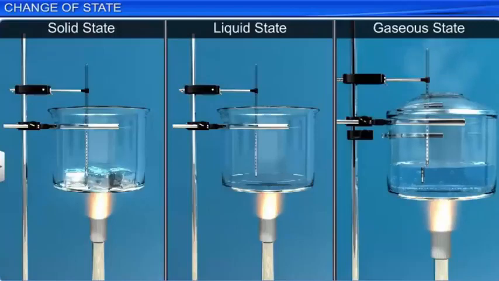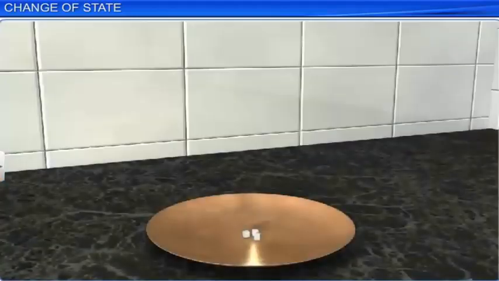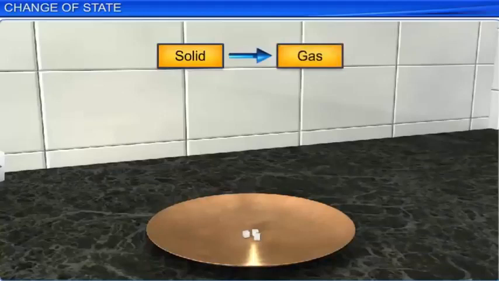Usually, on heating, substances change from solid to liquid and then from liquid to gaseous state. There are certain substances which change from the solid to gaseous state directly.